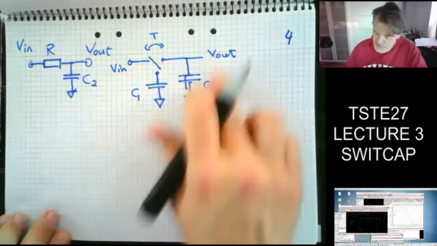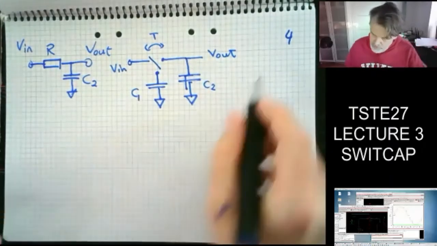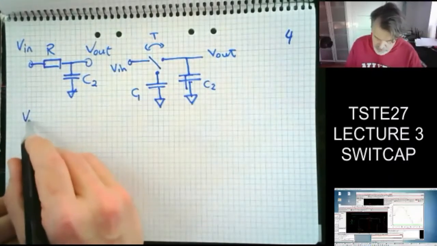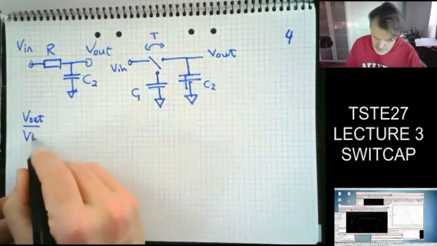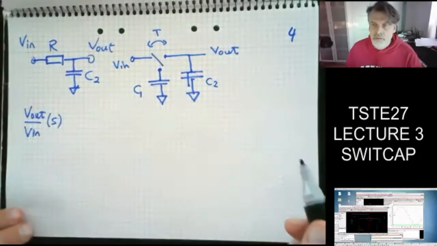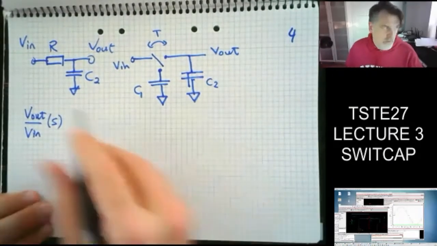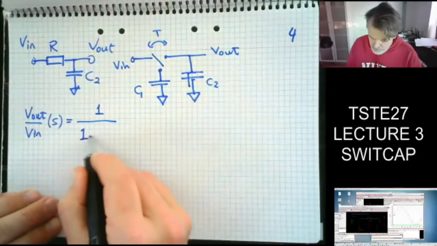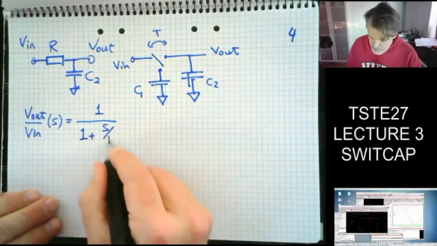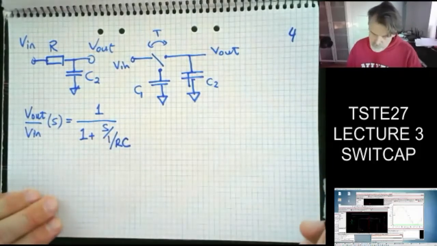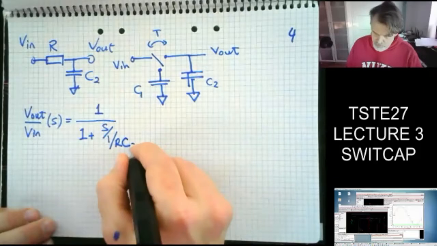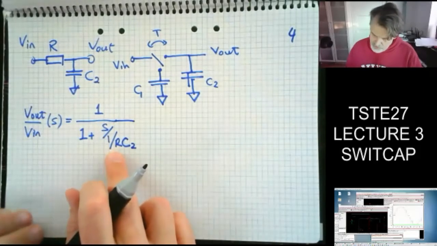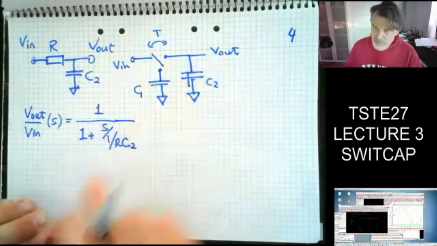So what do I get from this function? Well, I could just make a very simple assumption that V out divided by V in of S, for the sake of mixing time domains here, is going to be 1 over 1 plus S over 1 over RC, C2 in this case. And I know something about the R here also, if I implement it as a switched capacitor.